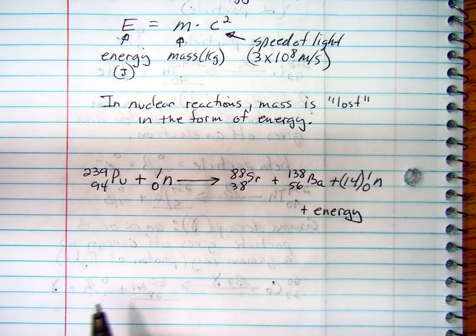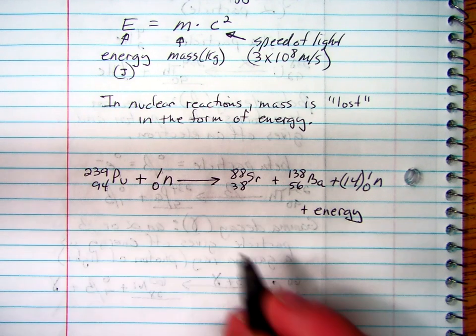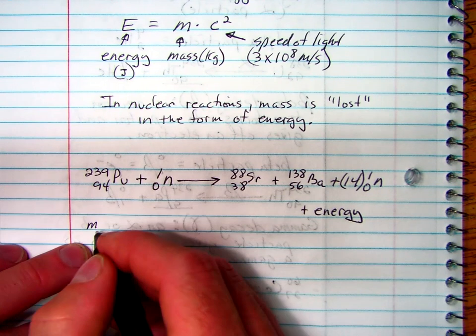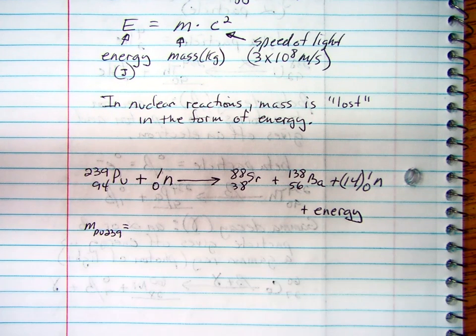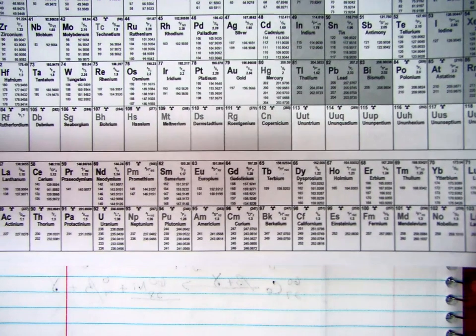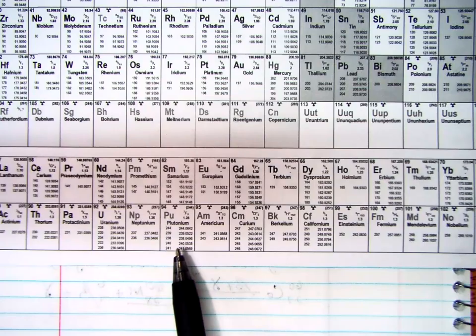First of all, we're going to look up the mass of the plutonium-239. And I'm going to write that down here. M of Pu-239 equals, and then here's our periodic table. Here's plutonium. Let me zoom in.